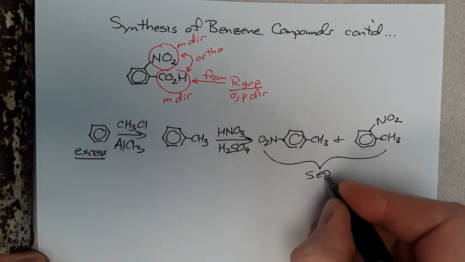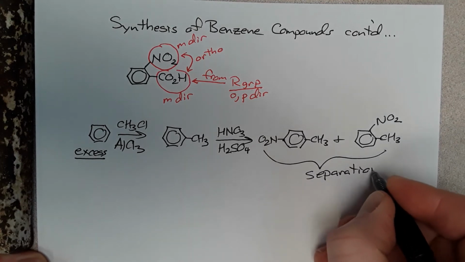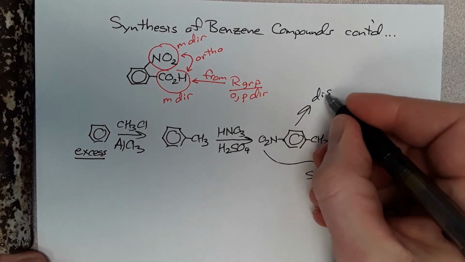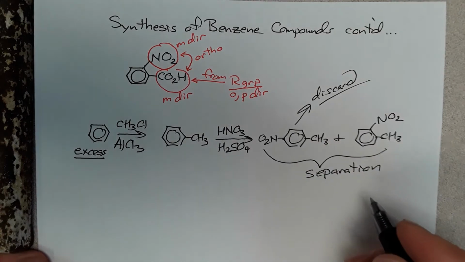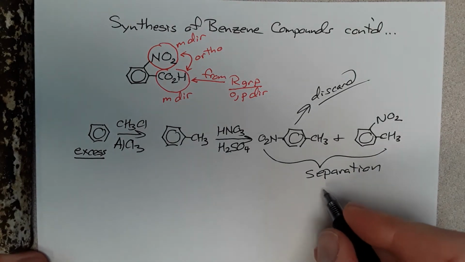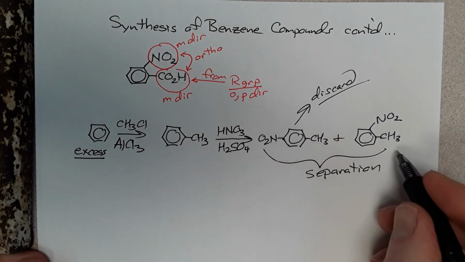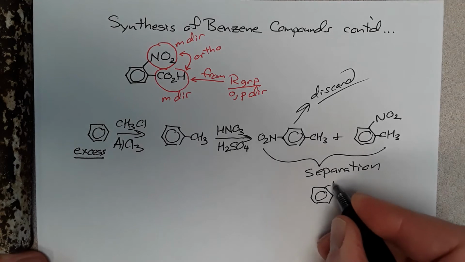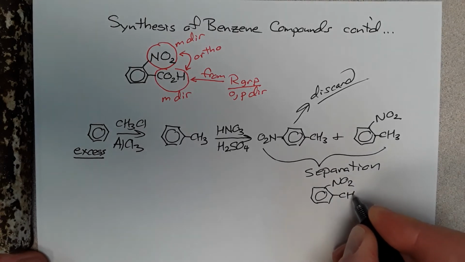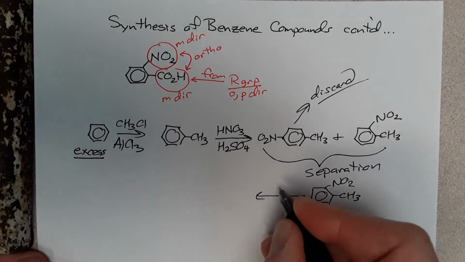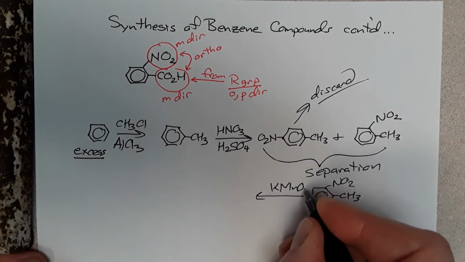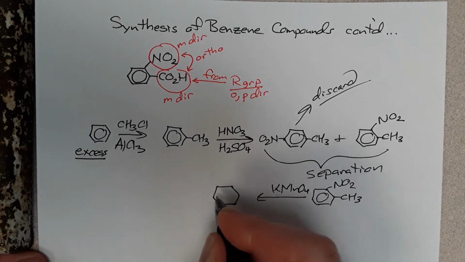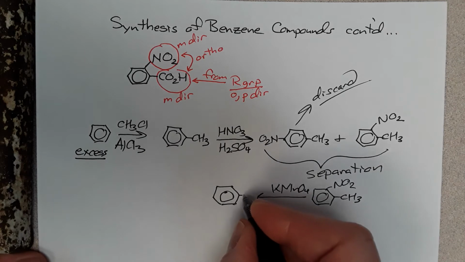So you need to do a separation, which is totally wasting the para, and then after the separation you'll have just the ortho, and then you can add your permanganate to oxidize your alkyl group to a carboxylic acid.